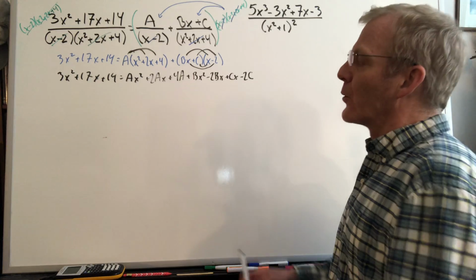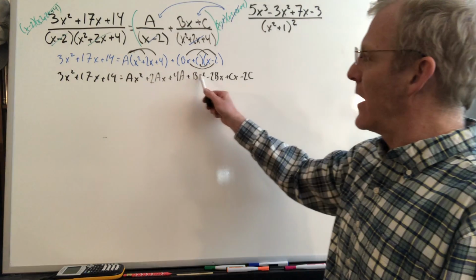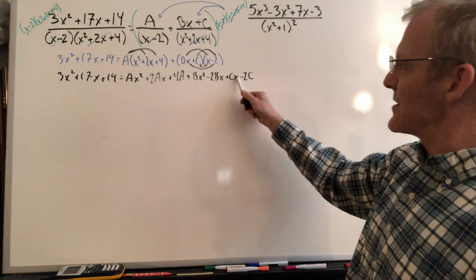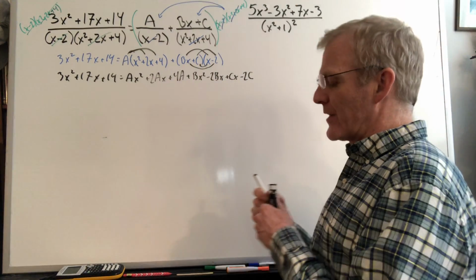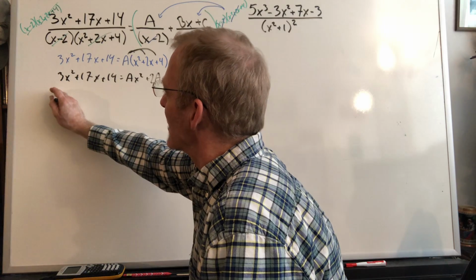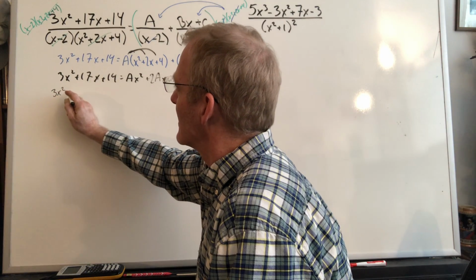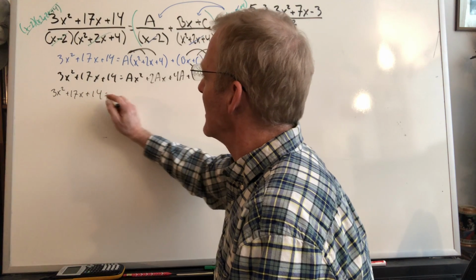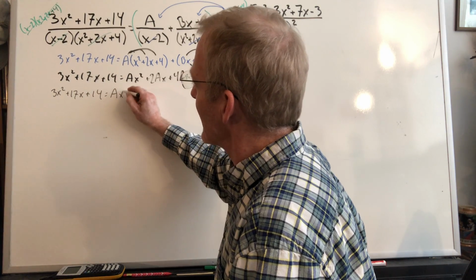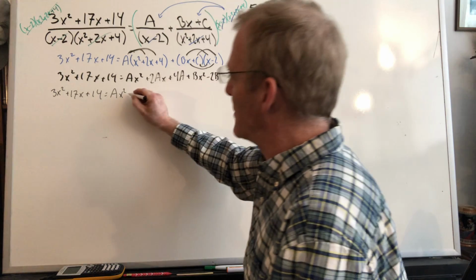Okay. Now, let's try this guy for a second. Like before, we're going to combine our x squareds, then our x's, and then our constants. And it's still going to equal this. So let's write that out. 3x squared plus 17x plus 14 equals. Now, Ax squared plus Bx squared.